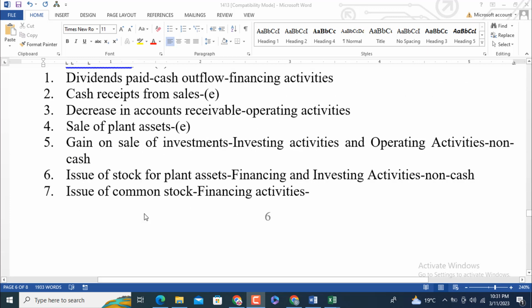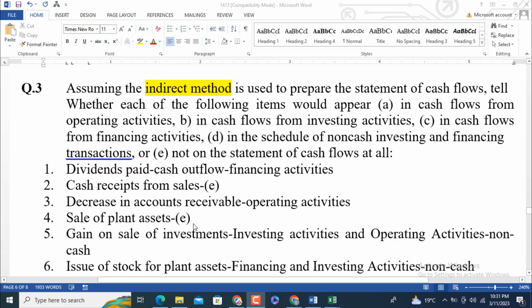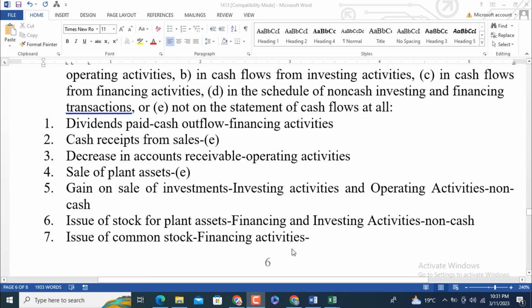So next, gain on the sale of investment. Maybe you have purchased some marketable securities and you have sold them in the market, and as a result you will have a gain on the sale of investment. So what happened? It is investing activities, because it is not related to fixed assets.